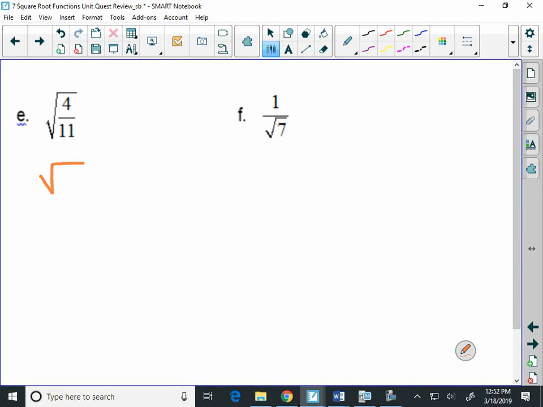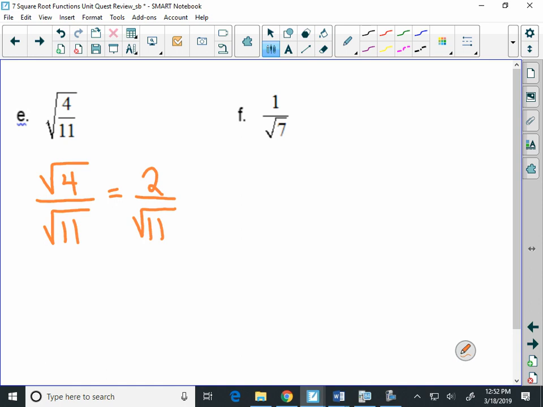Once again, we can break this apart as the square root of 4, square root of 11. And can we simplify anything here? And the answer is yes. We can simplify the square root of 4. But the difference on this particular problem compared to the last one is that we have a radical in the denominator.